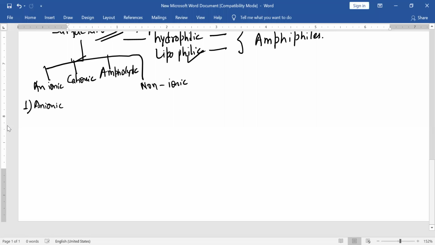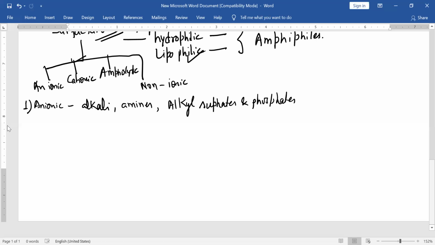This consists of soaps of alkalis, amines, alkyl sulfates, phosphates, or alkyl sulfonates. These are the examples of anionic surfactants.